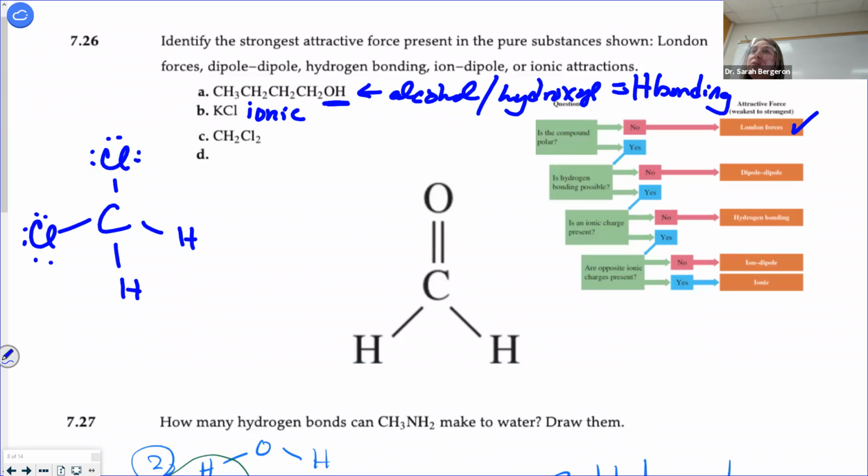Can you go to your best friend and go look at electronegativity values? Yes, so go to your best friend. Is there an electronegativity value between chlorine and carbon? I'm serious, go to your best friend. Your best friend should be out and ready to help you.